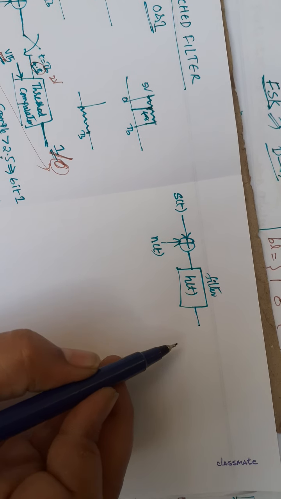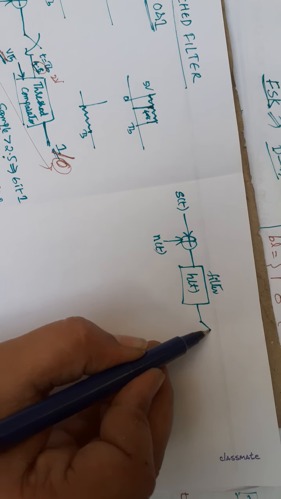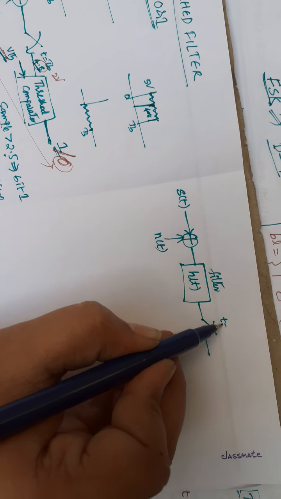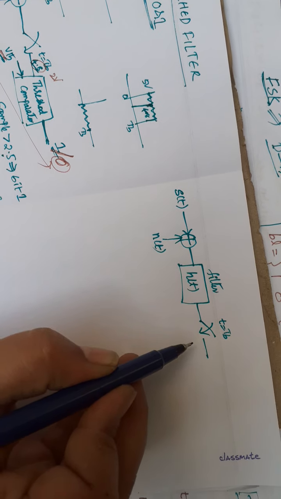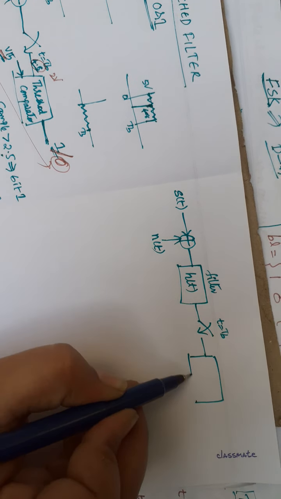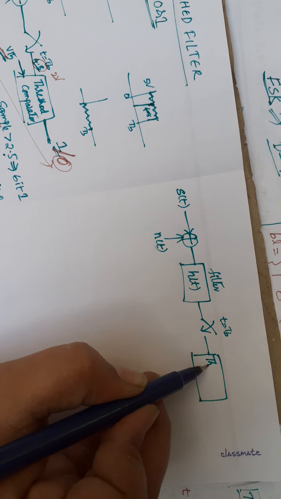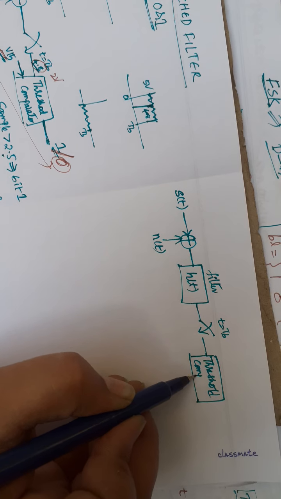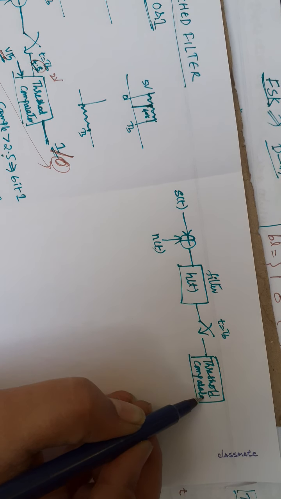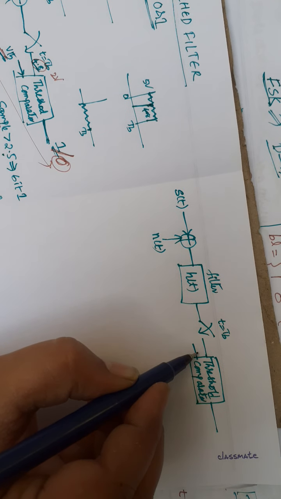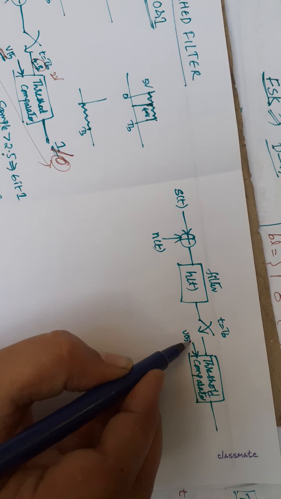Then the output of the filter is passed through a sampler at t equal to TB, and the output of this is passed through the threshold comparator with internal level V threshold.